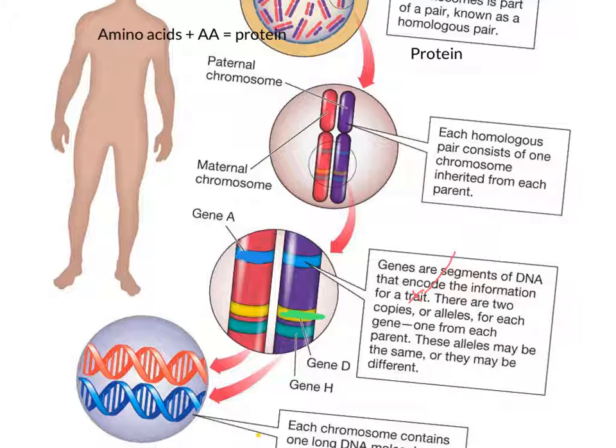And so we say both mom and dad have the same allele there, blue. Or the genes are in the same place along the chromosomes, but let's say dad has a yellow allele and mom has a green allele, right? Okay.